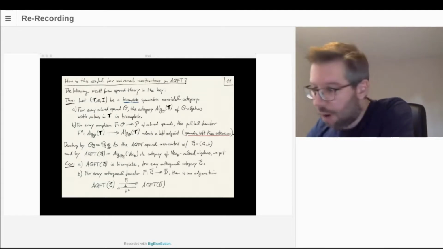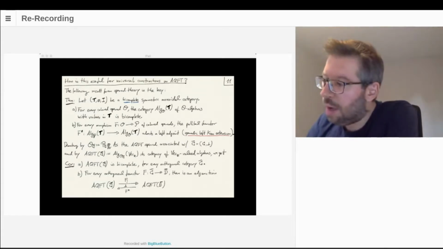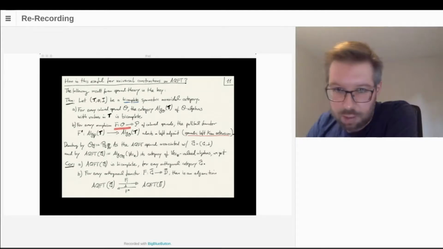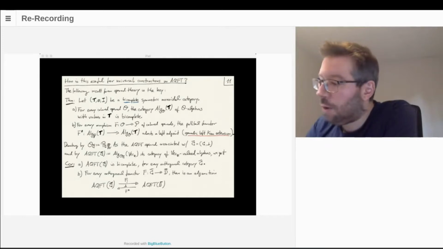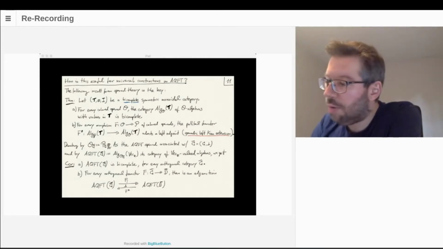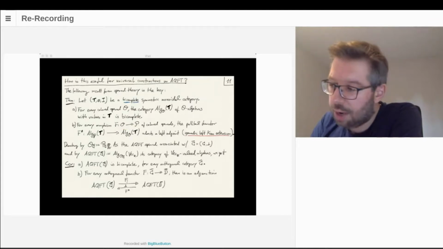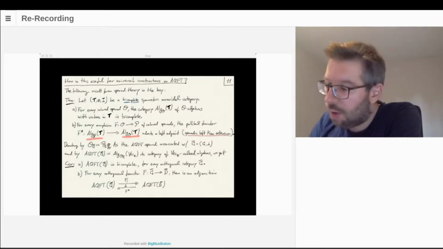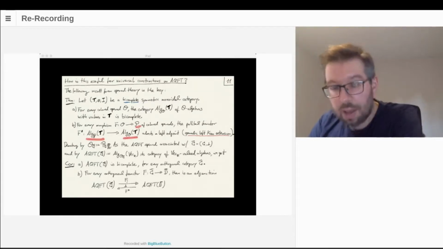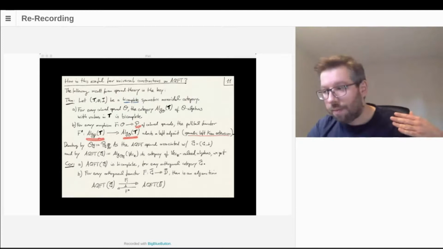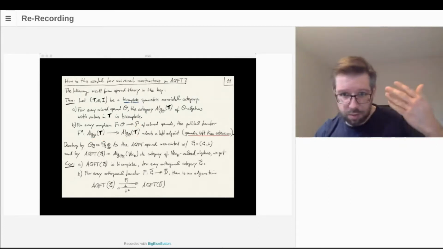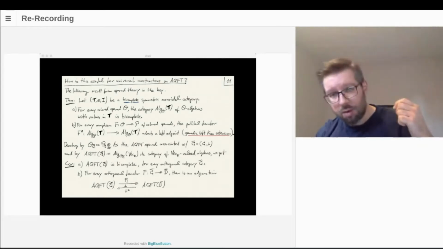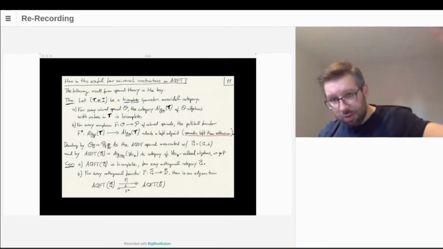Even more important, in my opinion, is the following statement. If you have a morphism between colored operads, then you can use this morphism to define a pullback functor on the categories of algebras. So this is the P-algebras, and this is the O-algebras, and you can pull back a P-algebra to an O-algebra. This is like the pullback functor when you have a functor from C to D and a functor out of D, and you can pull it back.